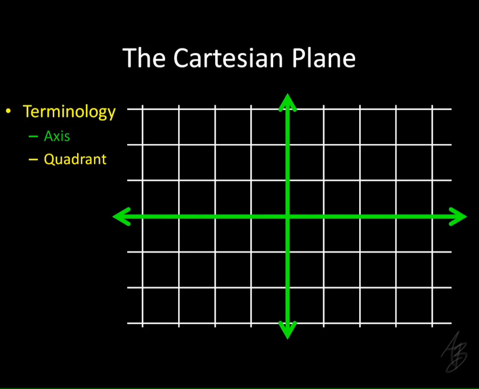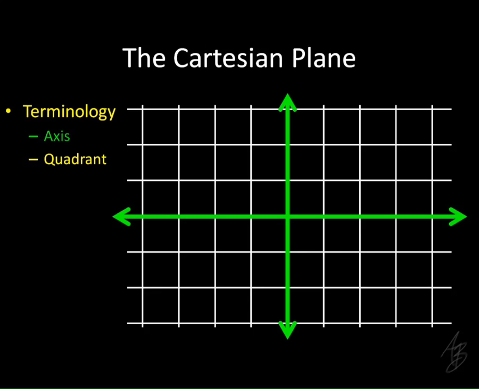What's a quadrant? One of the four corners. It's not just the corners. One of the four sections, or you could look at it as a region. It's the four regions of the coordinate plane that are divided by the axes.